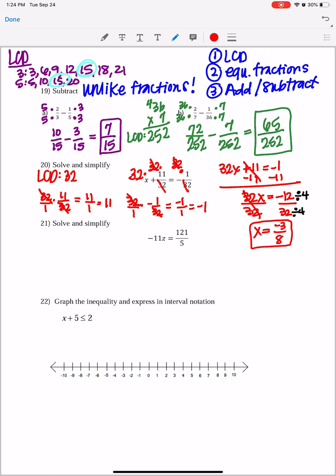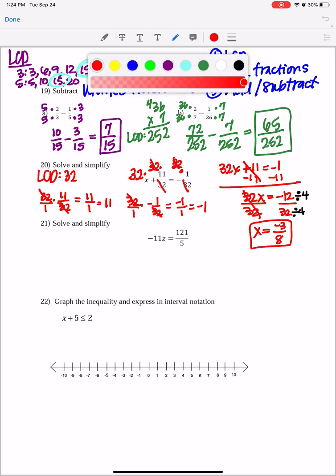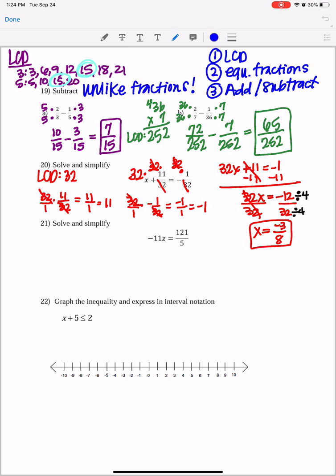21, solve and simplify. So, the goal is to get z by itself. So, if you think of this negative 11 as being a negative 11 over 1, multiply by the reciprocal to get z by itself.